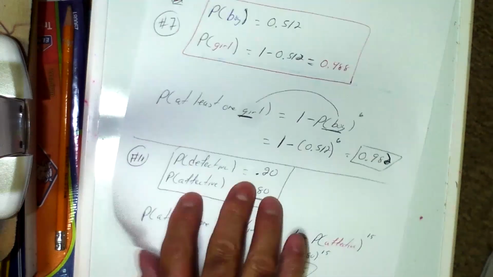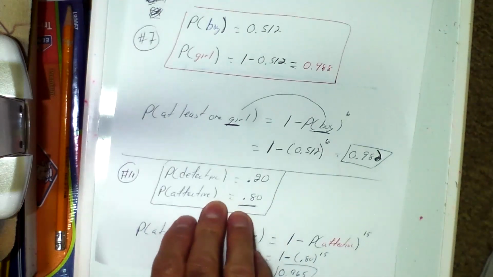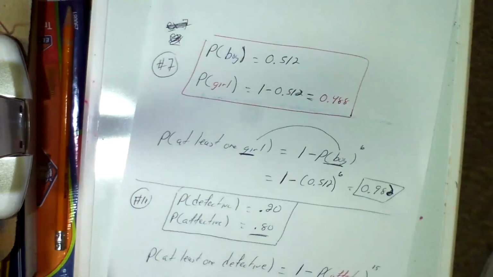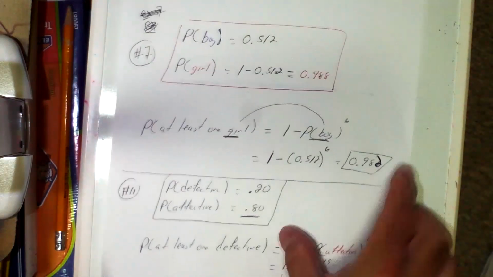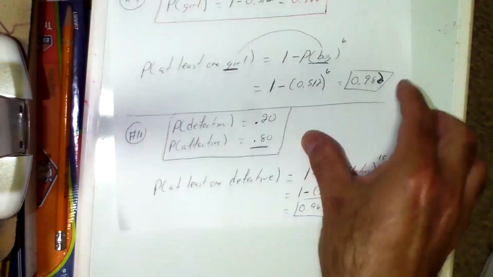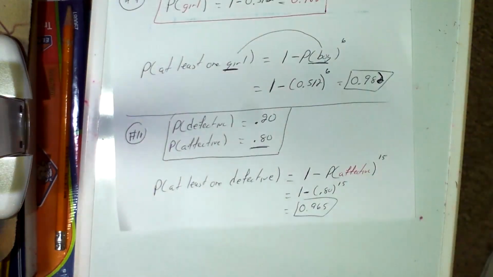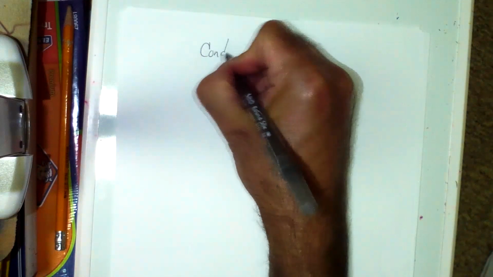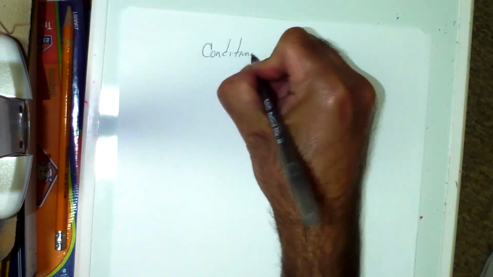And now we can move on to the next part of it, which is called the conditional probability. Let's take a look at the conditional probability. Okay, so now the last part of 4.3 is conditional probability.